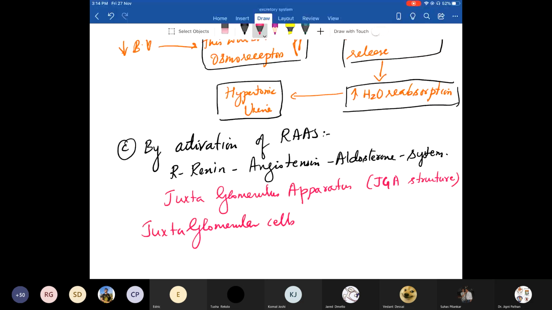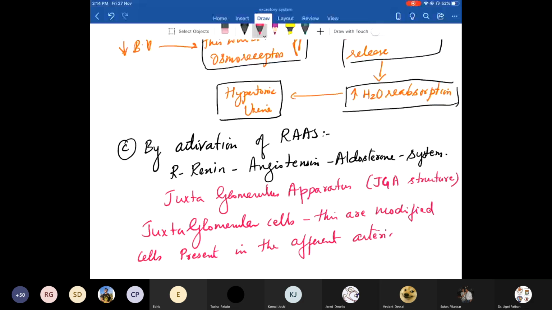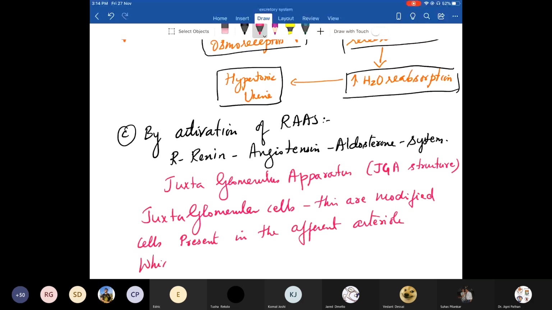These are modified cells present in the afferent arteriole, which store inactive renin.